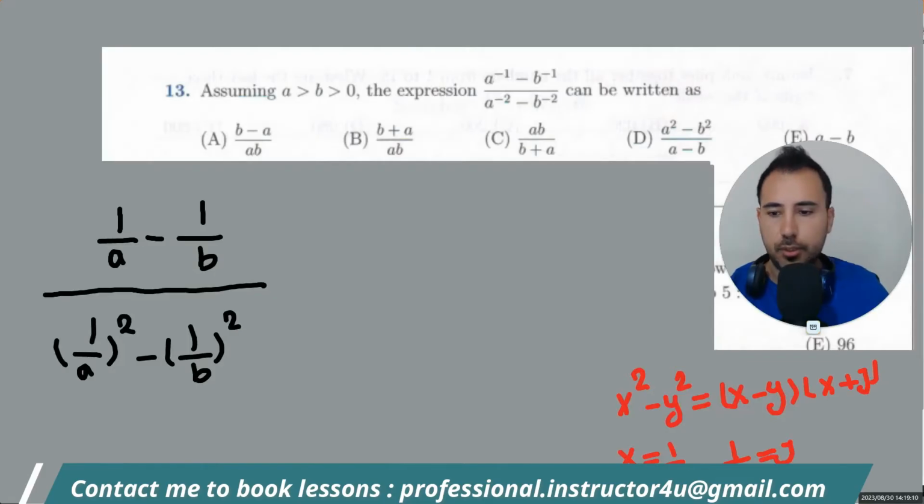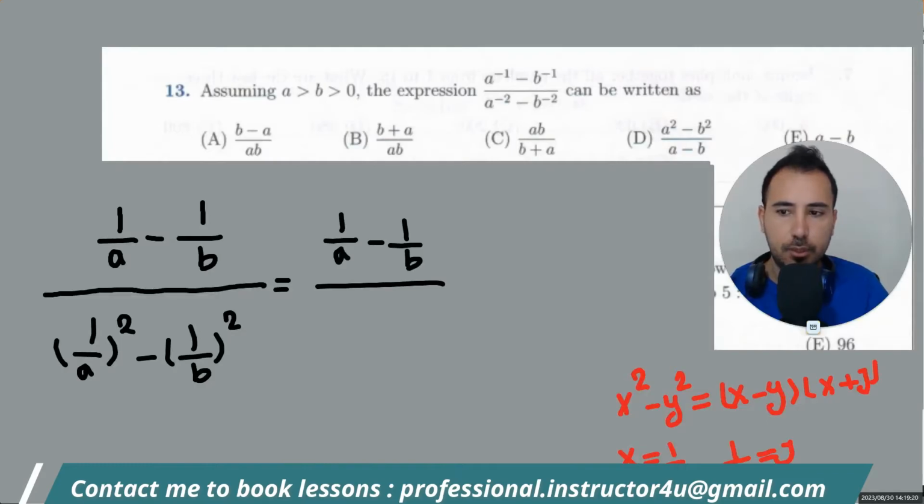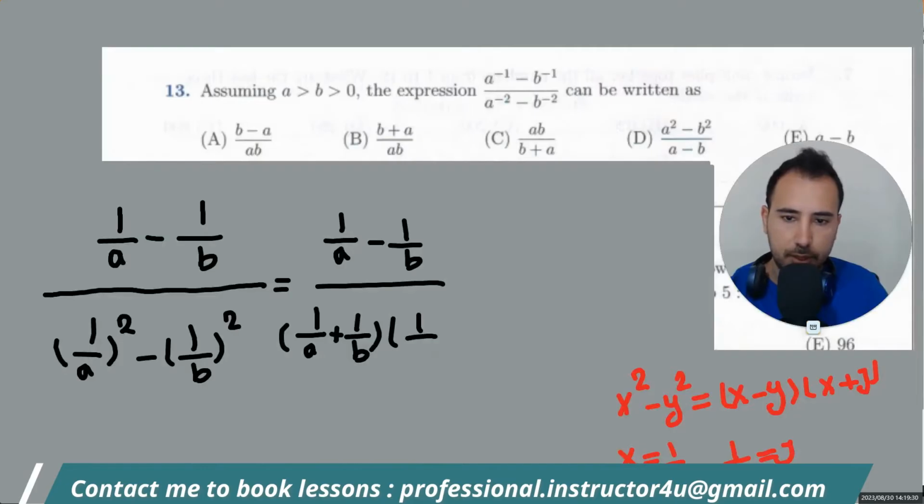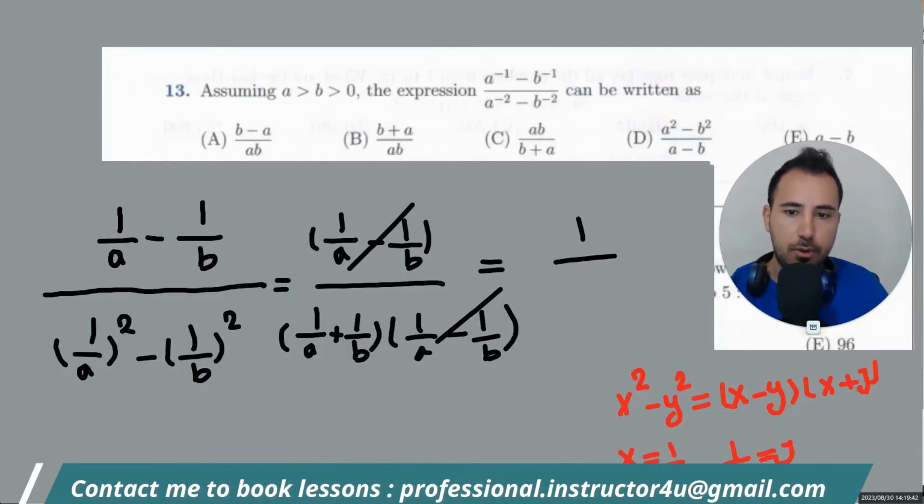So let's replace the new values. 1 over A minus 1 over B. Now once we add these two, 1 over A plus 1 over B, multiplied by, once we subtract them, 1 over A minus 1 over B. You would see that this one and this one are equal, so we'll cancel. So it will be 1 over A plus 1 over B.